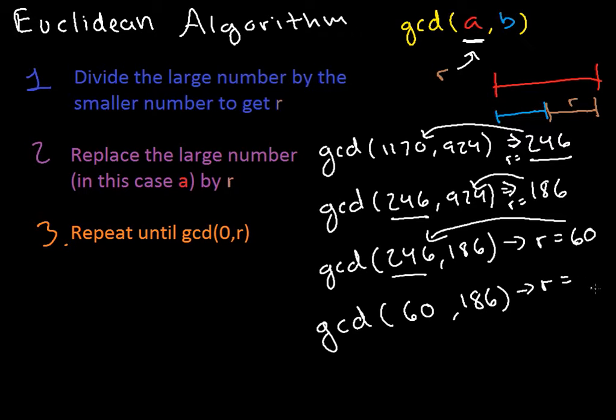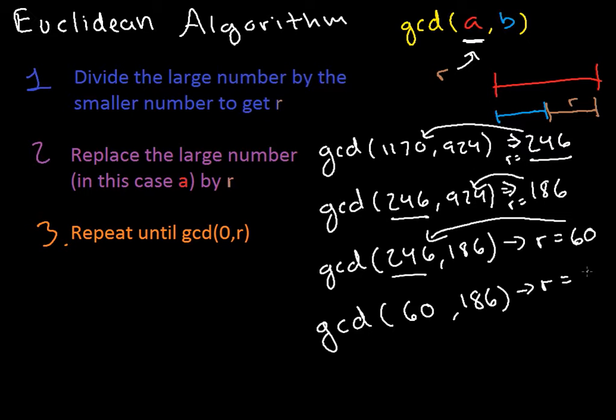It's 60 times 3 plus 6, because 60 times 3 is 180 and the remainder is 6. So this time the remainder is a very, very small number.